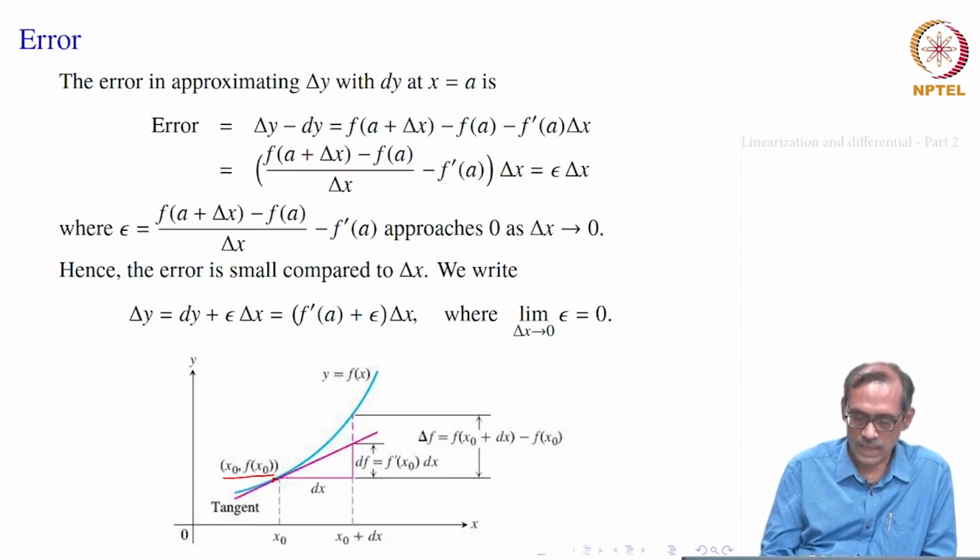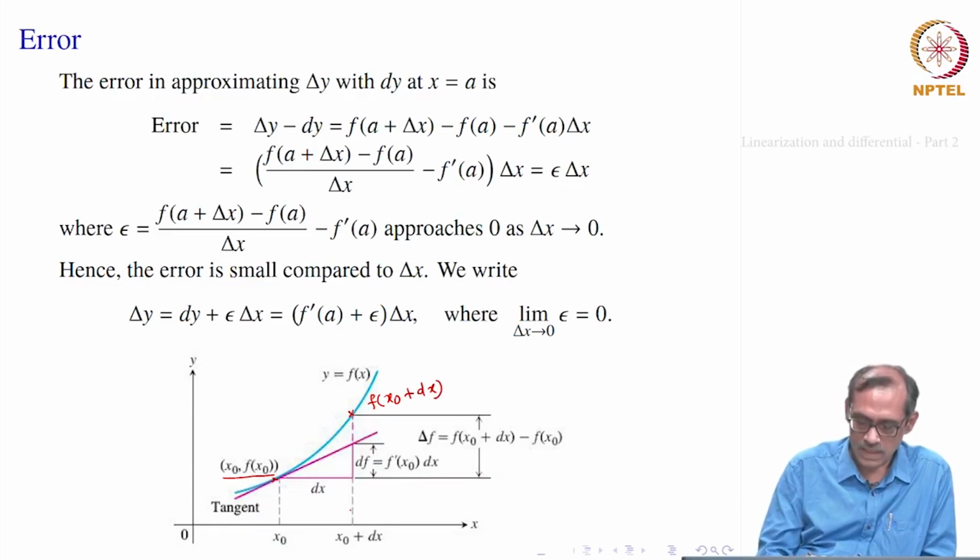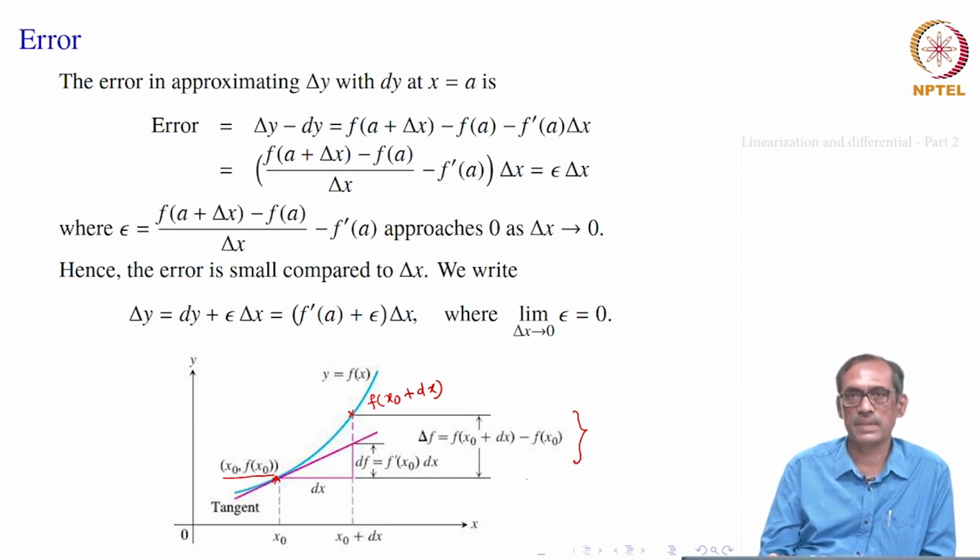Now, at x 0 plus delta x, we have this point on the blue one, that height is really f of x 0 plus delta x. Now, if you look at this point, this is f of x 0. So, the difference between those heights, which is this one, is delta f, that is the increment in f at the point x 0.